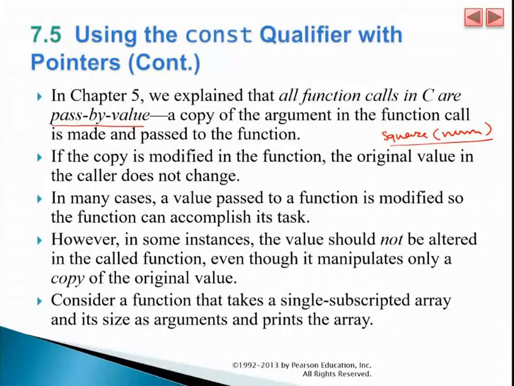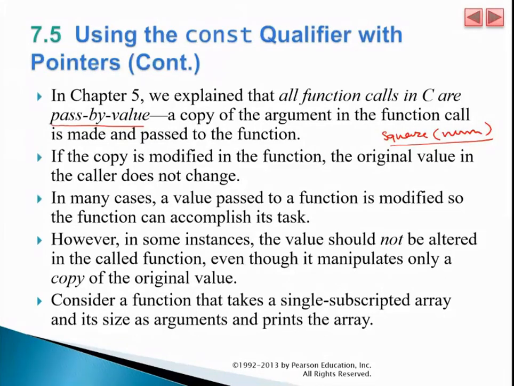We have already seen, whenever there are some changes in the value inside a function, it will not affect the original value, because we are making a copy of that argument. There is a local copy of that argument inside this function. In many cases, a value passed to a function is modified so the function can accomplish its task.